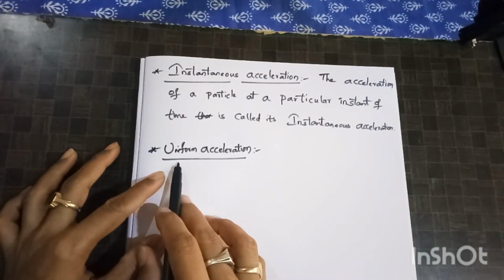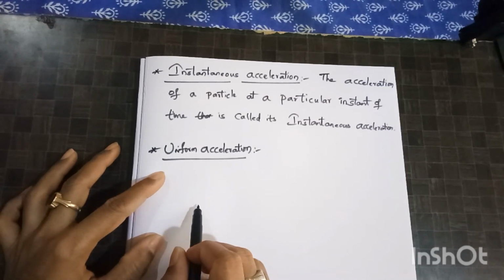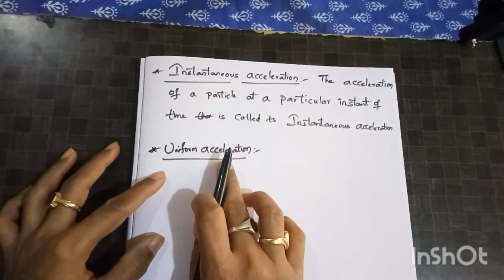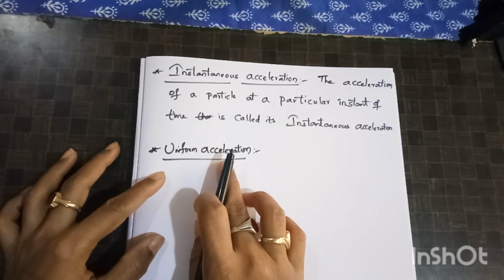Now we are going to discuss uniform acceleration. Uniform motion, or uniform velocity, means equal distance traveled by the object in equal intervals of time. Acceleration is the ratio of change in velocity to the change in time, or the rate of change of velocity.